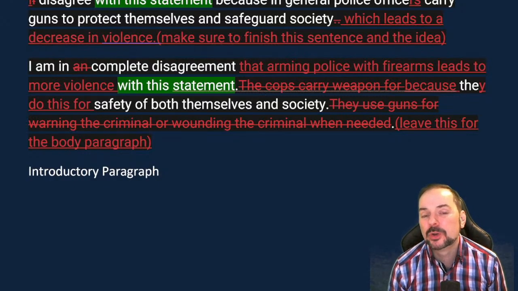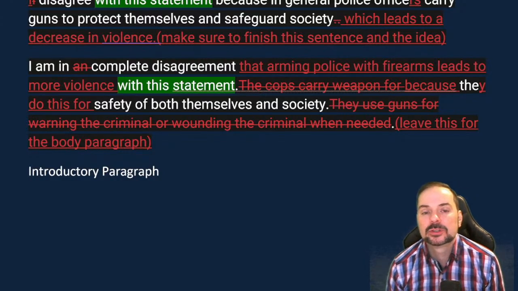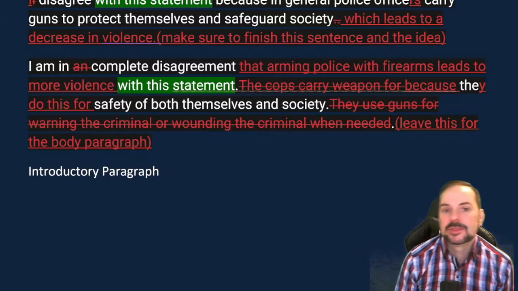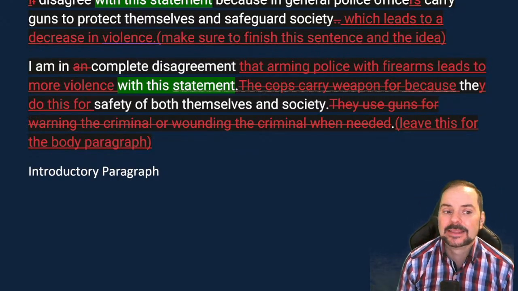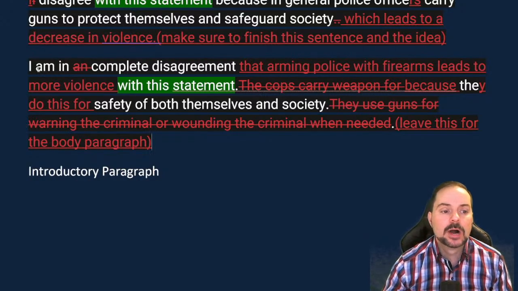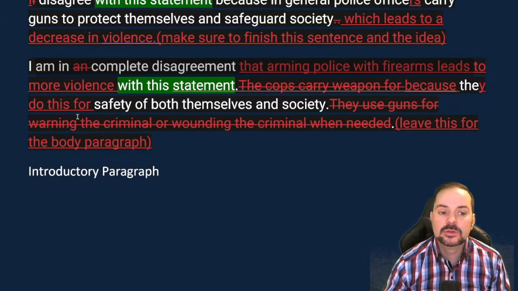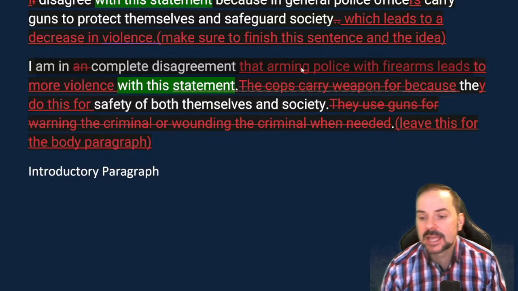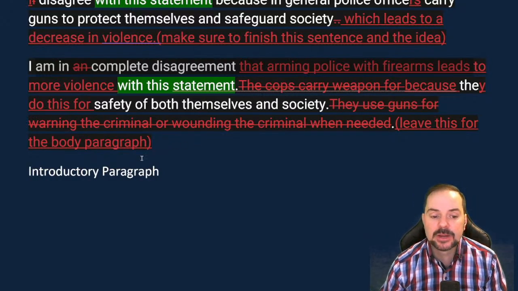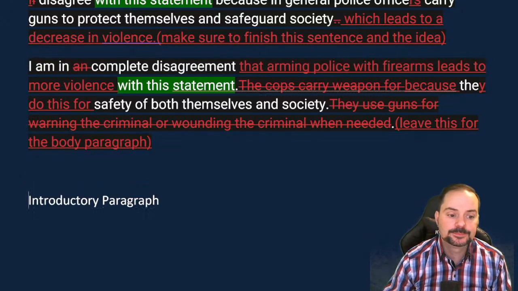It's not very good writing to indirectly refer to ideas like I agree with that statement or I agree with this idea. It's just better to actually write the idea. Okay, so I'm in complete disagreement that arming police with firearms leads to more violence because they do this for safety of both themselves and society. And then it's a much better thesis statement. Okay.